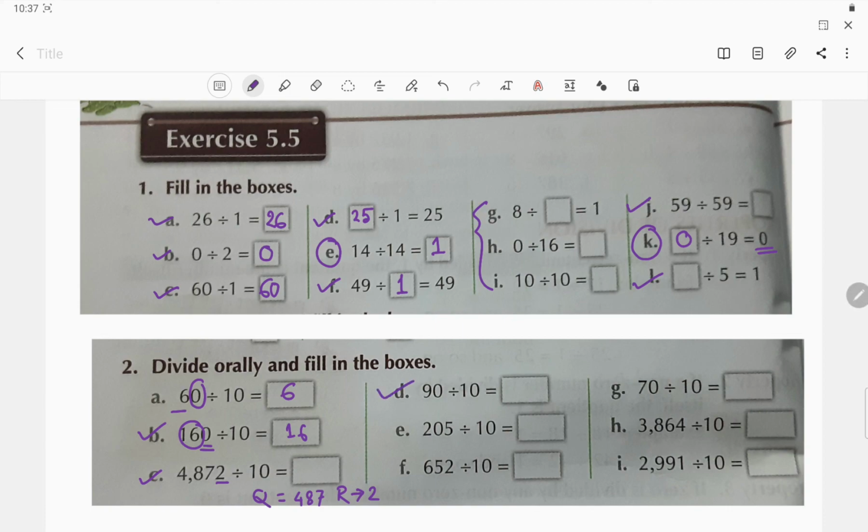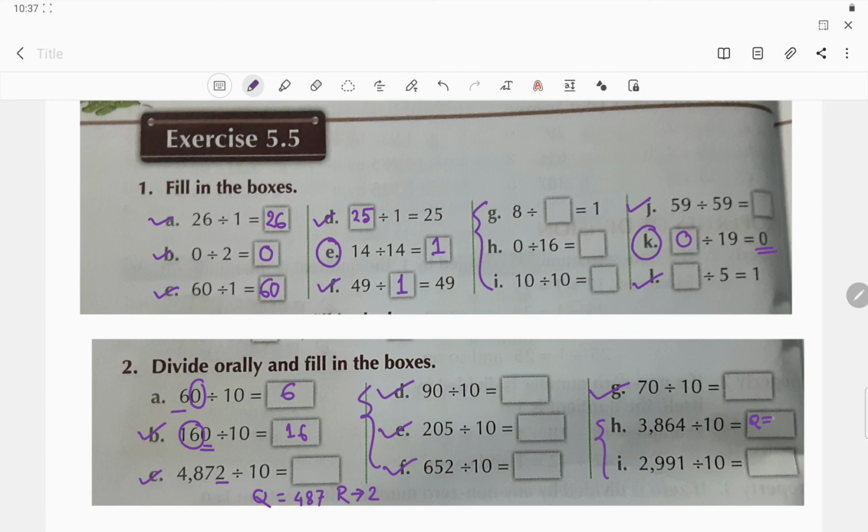D number you can solve, E number you can solve, F number you can solve now. Okay, G number also you can solve. I am solving only H and I. Since you are dividing by 10 and it is given 3864, Q means quotient.